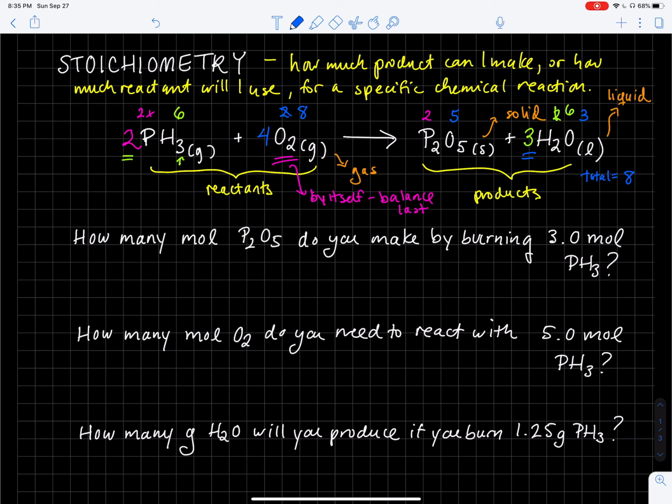Once you have a balanced equation, you can use that to look at ratios between things. So for instance, the first question here is, how many moles of P2O5 do you make by burning 3 moles of phosphine? I want to emphasize that all stoichiometry problems are dimensional analysis problems. So you've been practicing that a lot. You start with a starting point.